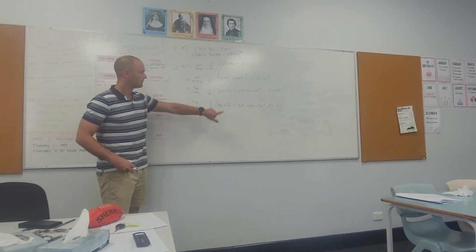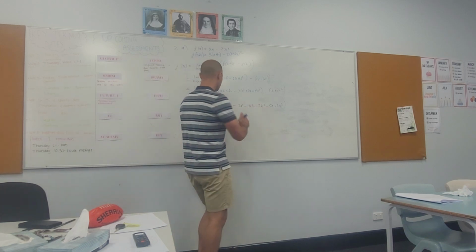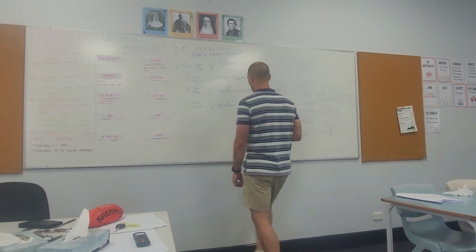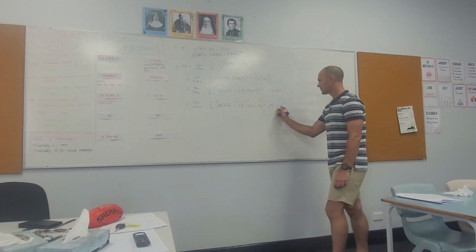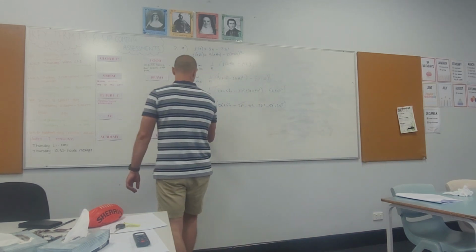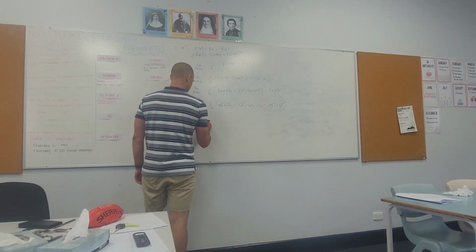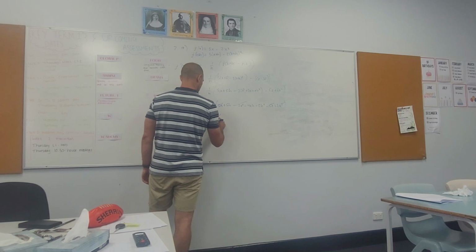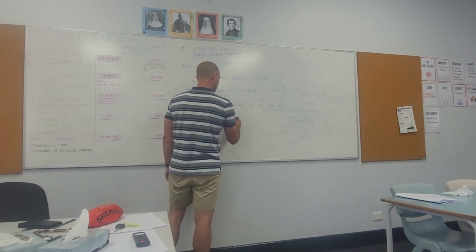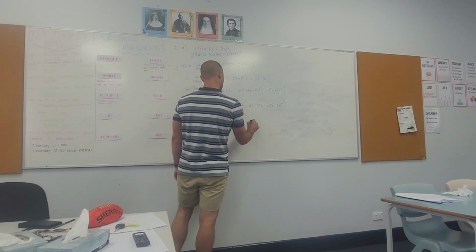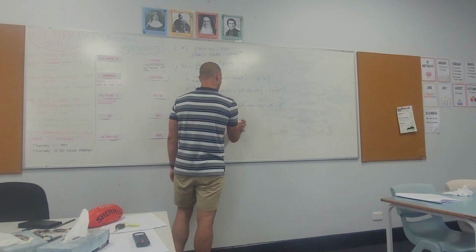We'll have 5x and minus 5x will cancel. We'll have minus 2x squared and plus 2x squared will cancel. Let's restate what we've got. Take 4x each.